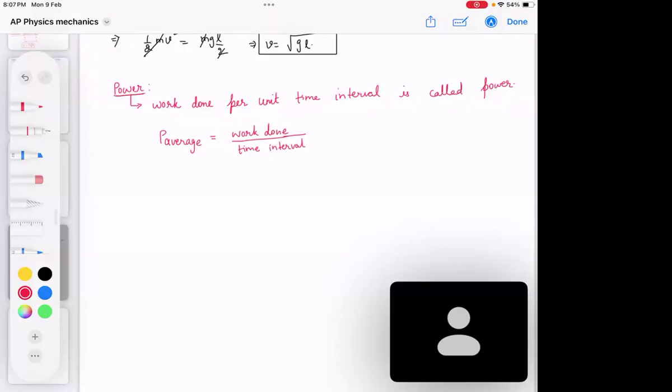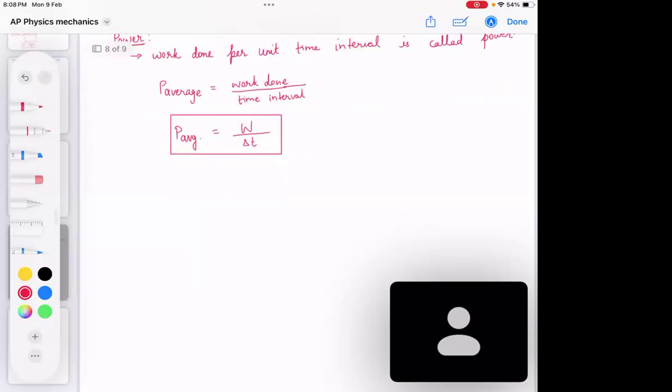If something happened in a large time interval, then we define that thing for the average. So average power is work done divided by the time interval, which you can write as work done divided by delta t. This is called the average power. And what is the difference between average and instantaneous power?